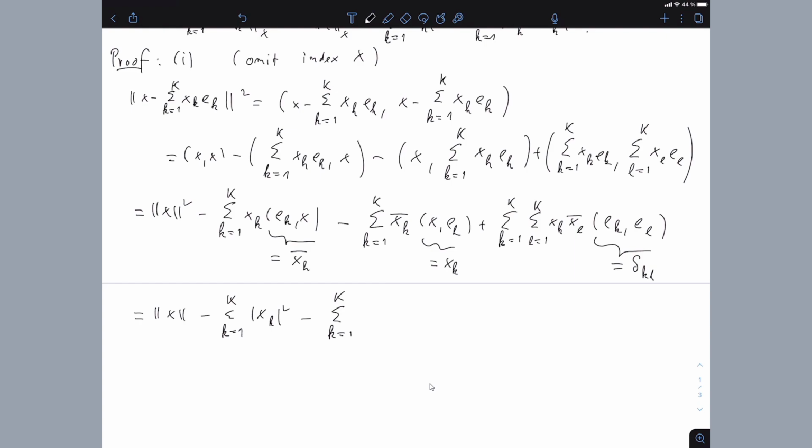So we have another sum: x_k conjugated times x_k. Again, this is the complex absolute value of this coefficient. And the last one, as I said, l has to be equal to k, otherwise this is 0. And if l is k, we have norm x squared here again.